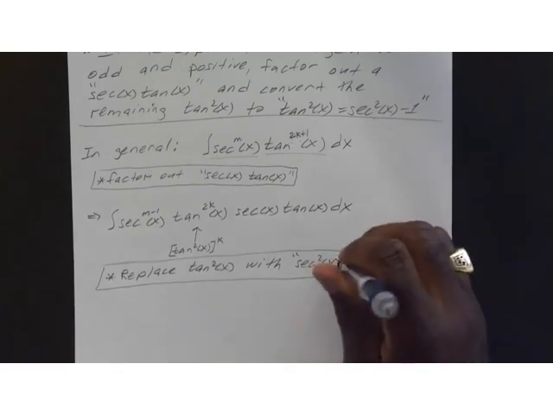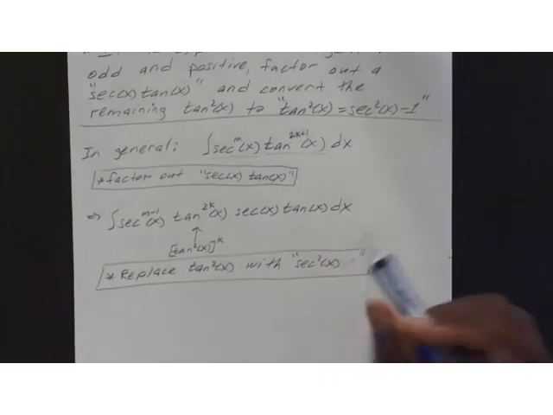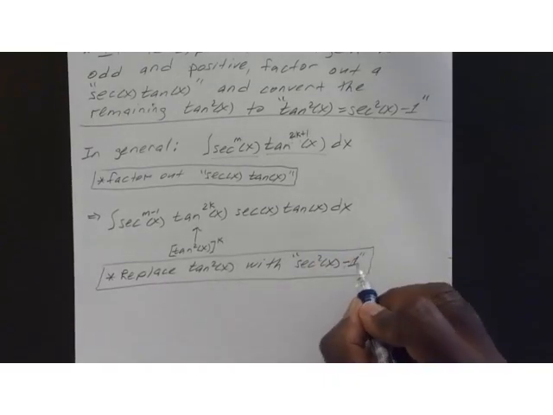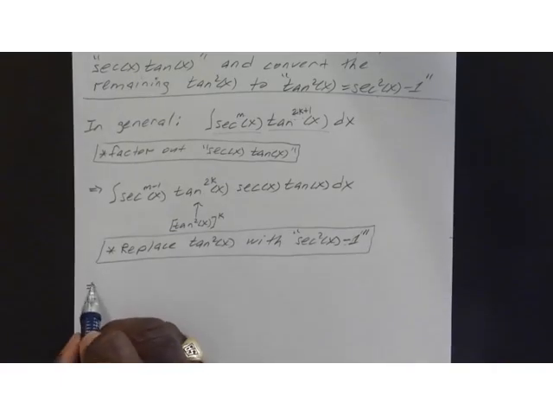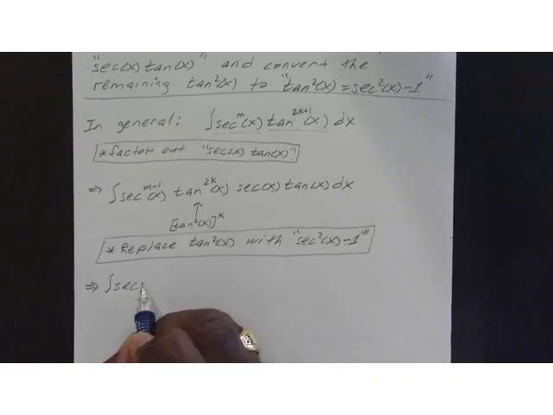Give that a little more space. That means we'll end up with an integral in the form of the integral of secant to the power of m minus 1.